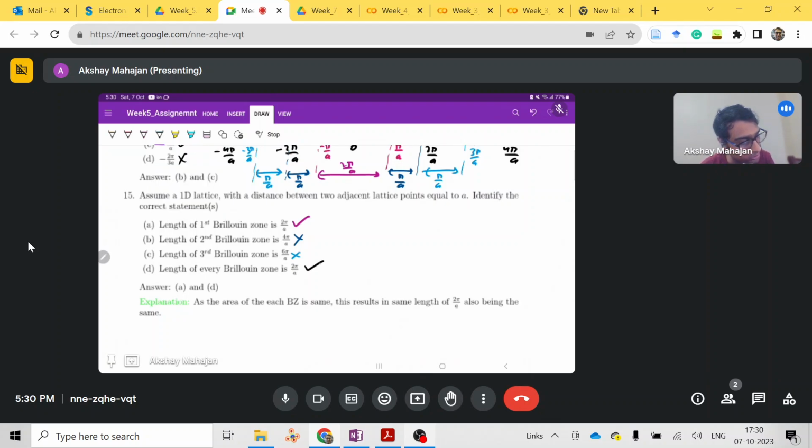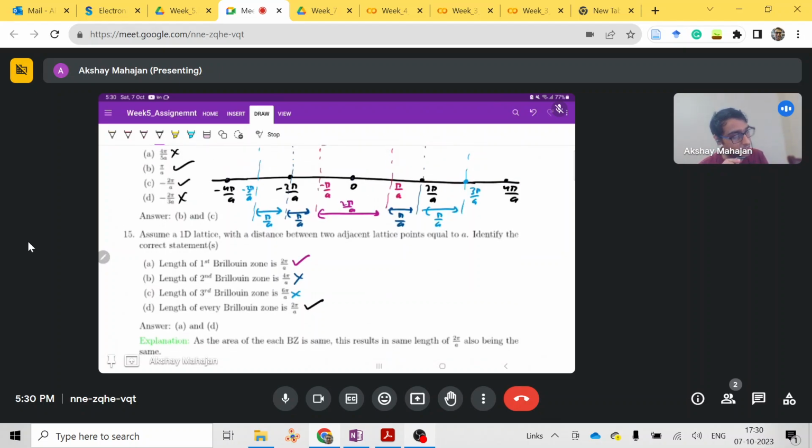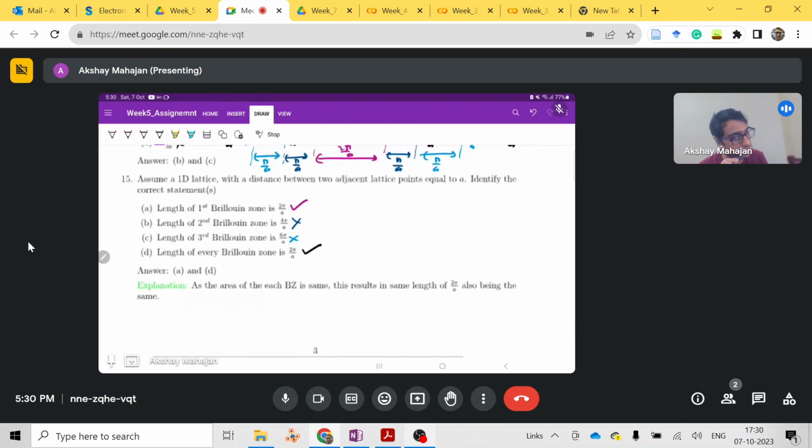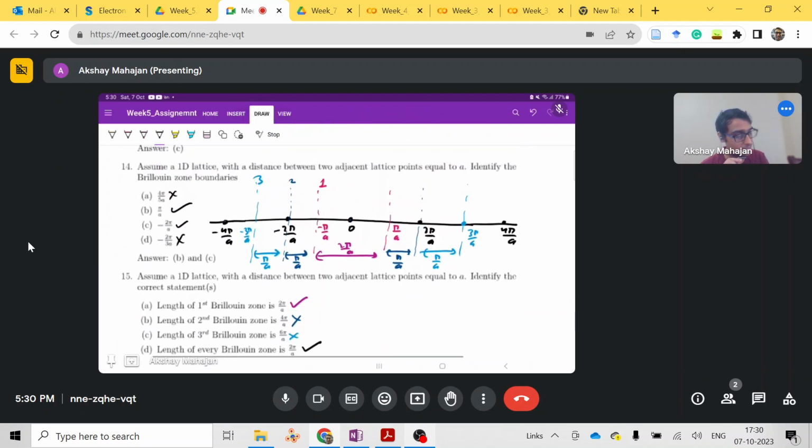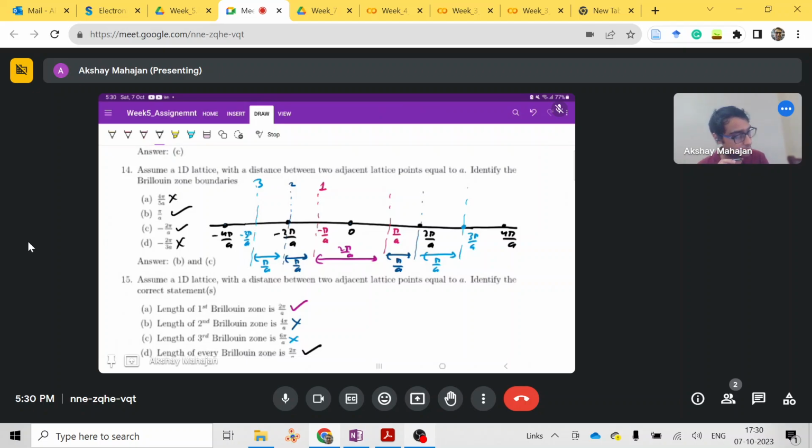We have done it for the 1D case and directly seen it: first Brillouin zone is 2 pi by A, second is pi by A plus pi by A, and the third is also 2 pi by A. As the area of each Brillouin zone is the same, the length of 2 pi by A is also the same, and we have shown it here as well.